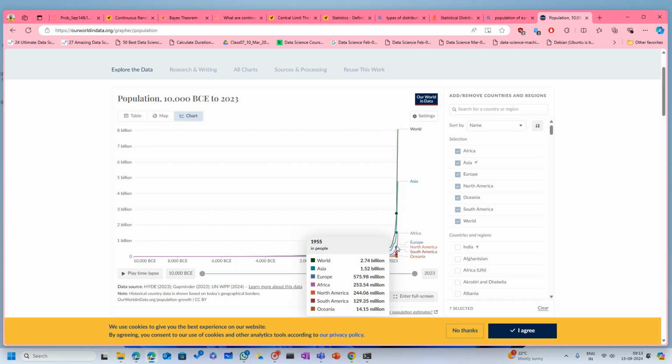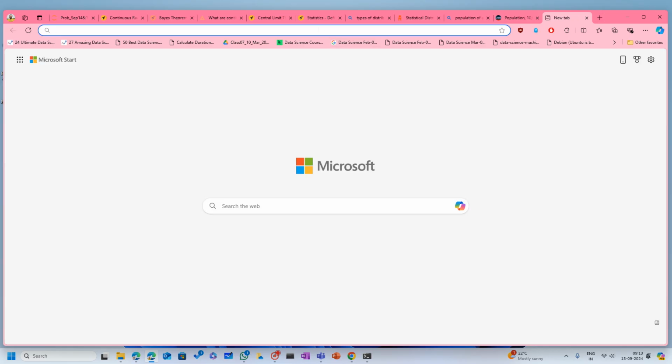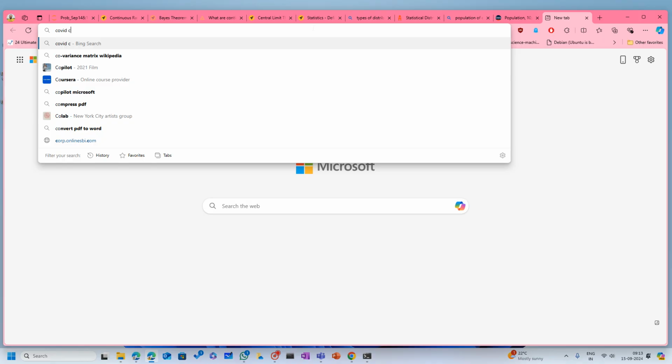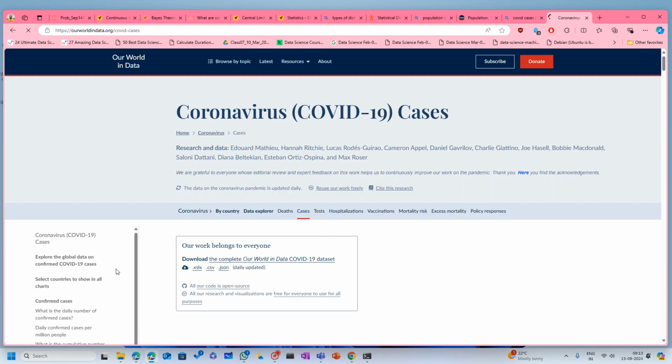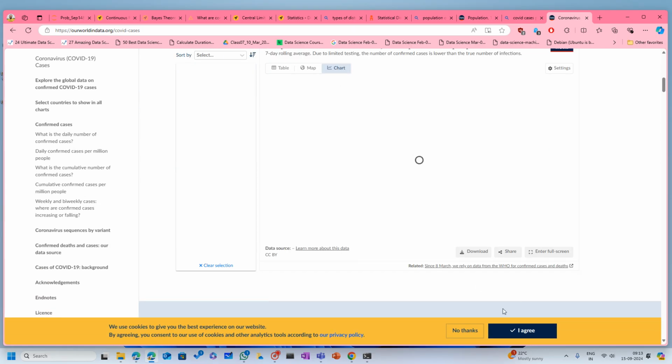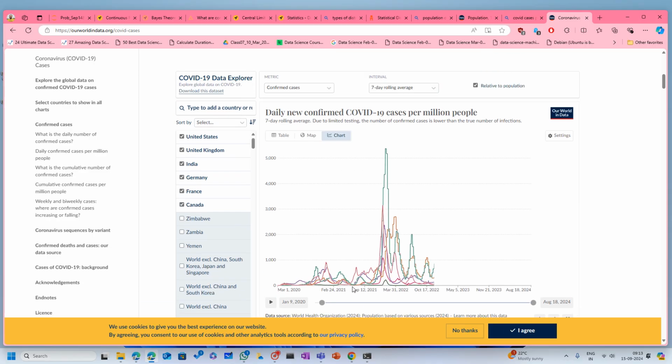Not only this, even covid cases, right? If you notice the covid cases plot, earlier there were only a small number of cases. This is a wave, we saw the wave, right? Earlier the cases were low, coming and going, and suddenly when the wave came, the cases increased.